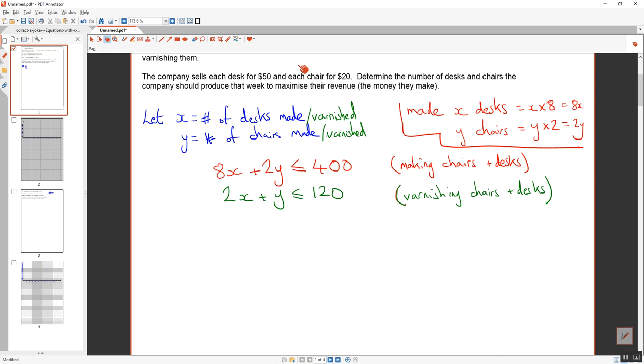Try to find exactly the number of desks made. Yes, but why did we do that, John? Yes, okay. But then what are we going to do?